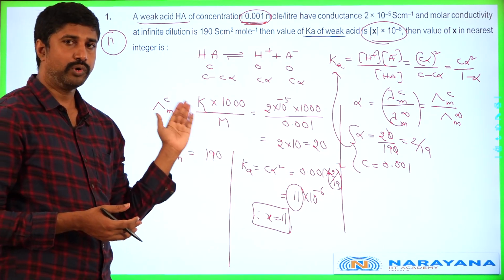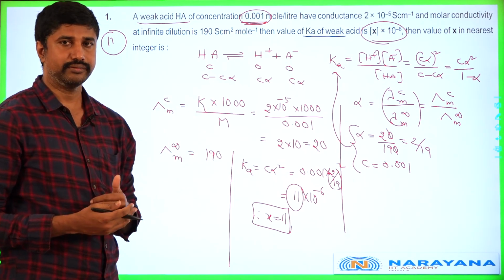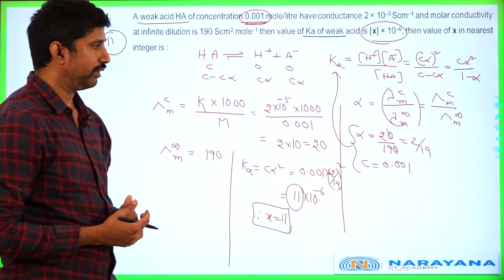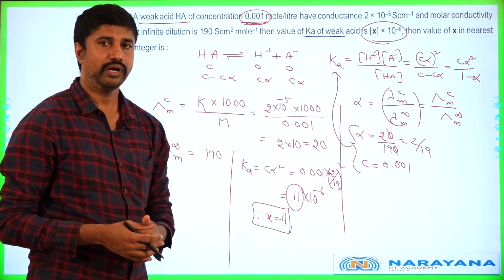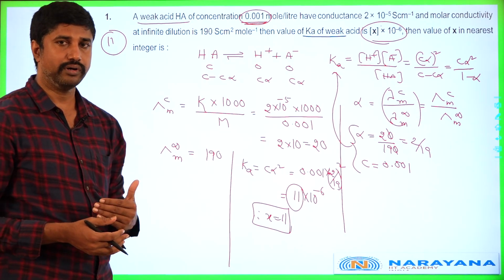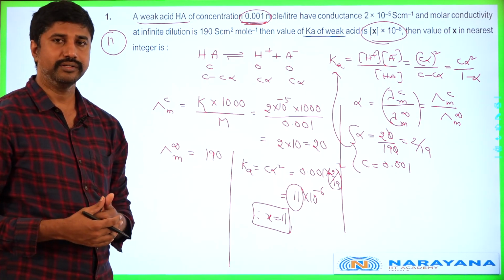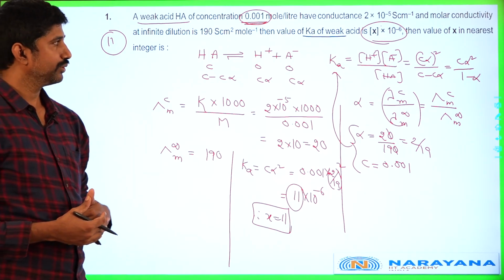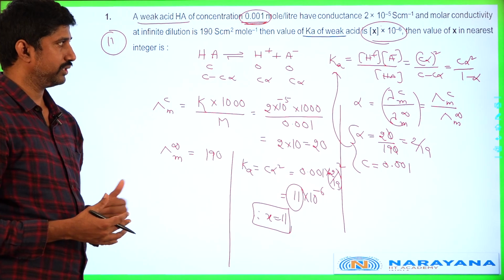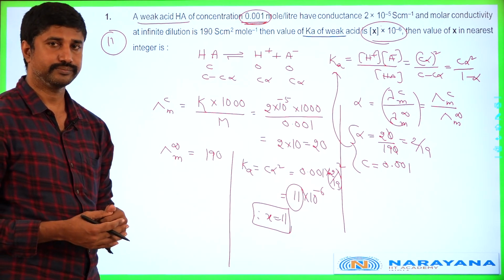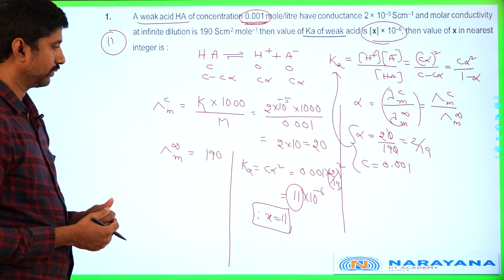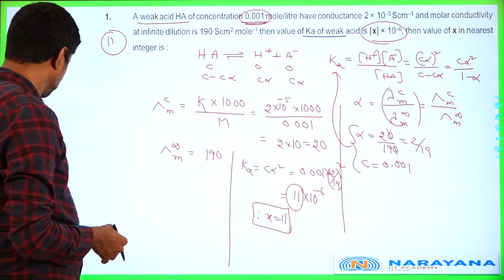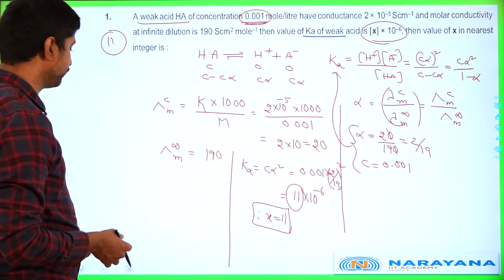For that, the molar conductance at the given concentration is mentioned, and the molar conductance at infinite dilution is also mentioned, and using the two values we can evaluate alpha, and with the help of alpha we can find Ka, the acid dissociation constant. So this is one question and two concepts. This is the first question, and let us go for the second one.